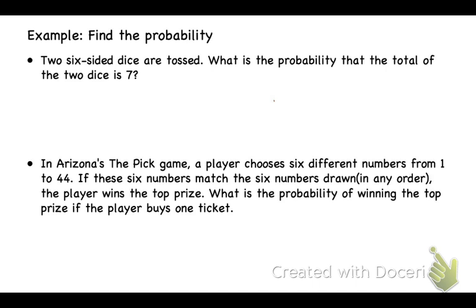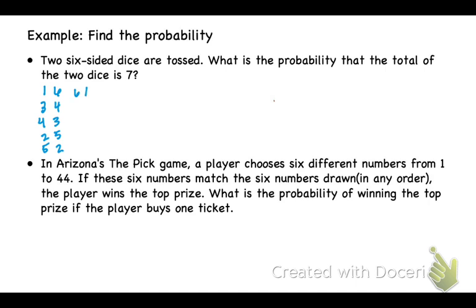Okay, two 6-sided dice are tossed. What is the probability that the total of the two dice is 7? Okay, so how many ways can I get 7? 1 and 6, 4 and 3, 3 and 4, 2 and 5, 5 and 2, 6 and 1.